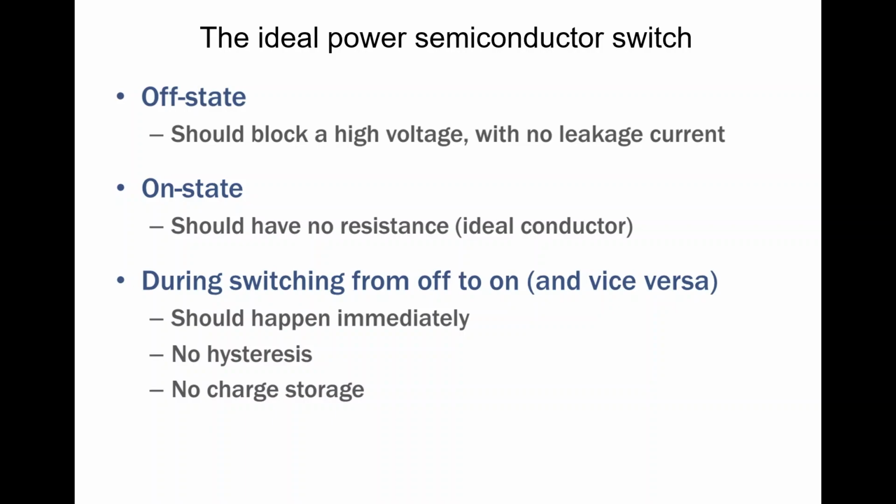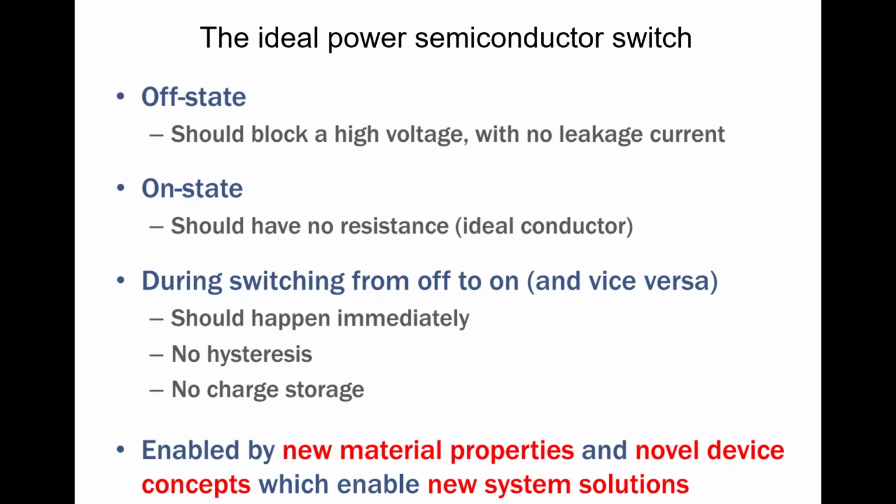This should happen as fast as possible, with no hysteresis, no memory effect, no charge storage. I think we all agree here that this may be enabled by new material properties that get closer to these features, novel device concepts that enable new system solutions.